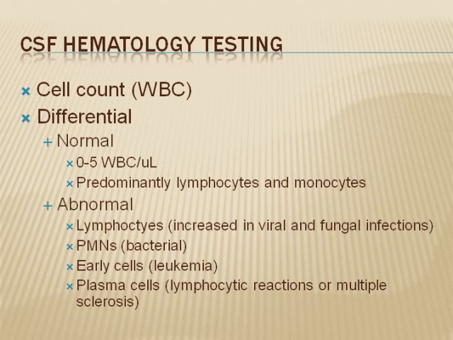If you have an increased number of neutrophils on the differential, that is indicating bacterial infection. If you're seeing immature cells, that can indicate leukemia. And if you're seeing a lot of plasma cells, that is indicative of lymphocytic reactions or multiple sclerosis.